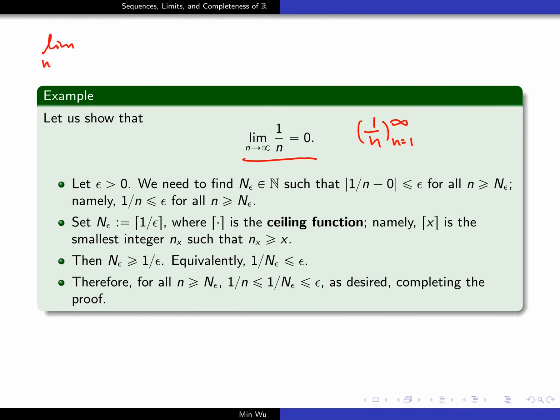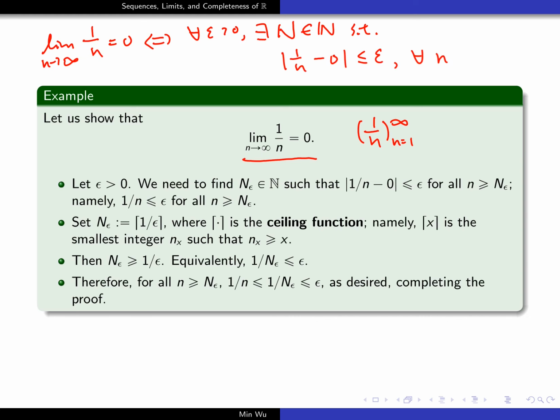So limit as n goes to infinity of 1 over n equal to 0 is actually equivalent to: for all epsilon greater than 0, there exists an N depending on epsilon, which is a natural number, such that |1/n - 0| is less than or equal to epsilon for all n greater than or equal to N. Just a reminder that this N actually depends on epsilon. Okay, so this is what we want to prove.